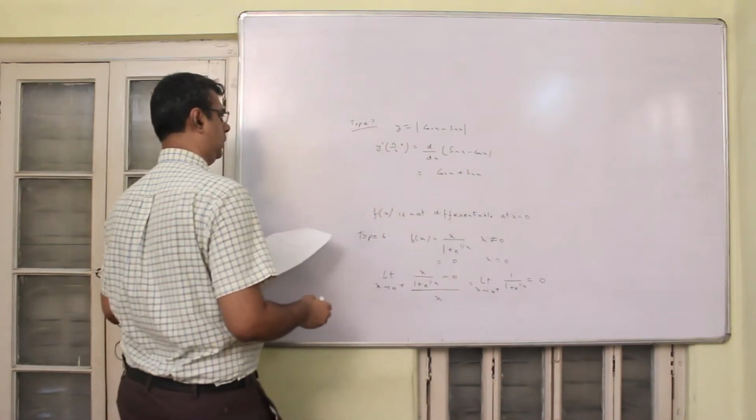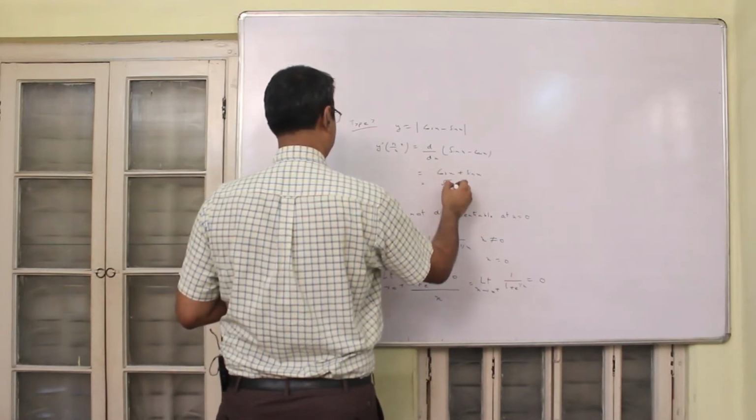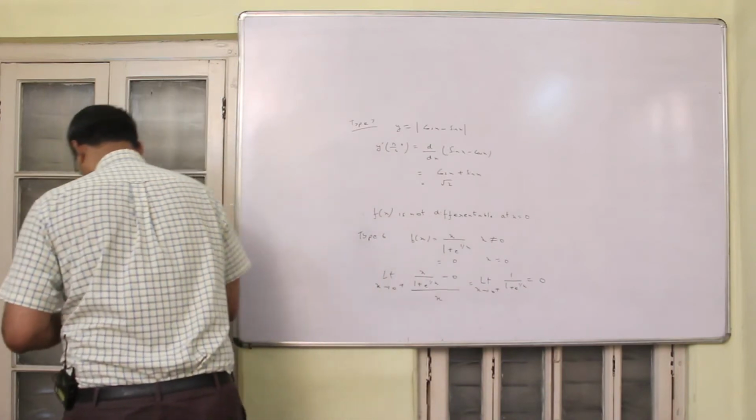So the answer will be cos x plus sin x. So that is cos 45 plus sin 45. So that is equal to root 2.